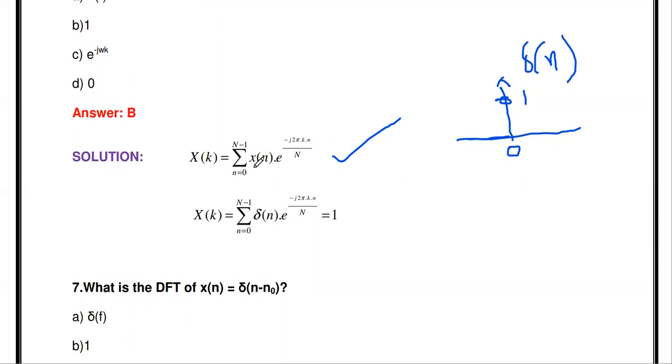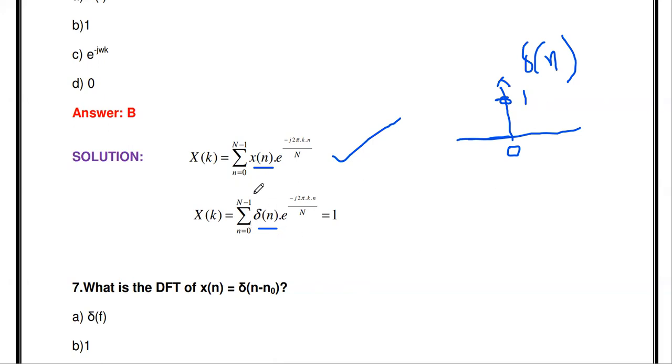Here we have to substitute the x of n value. What is the given x of n? Del of n. We substitute the value of del of n in this formula. The del of n has amplitude 1 only at the instant n equal to 0. For the remaining time instants, the del of n value is 0.